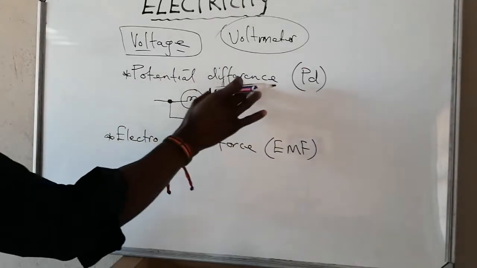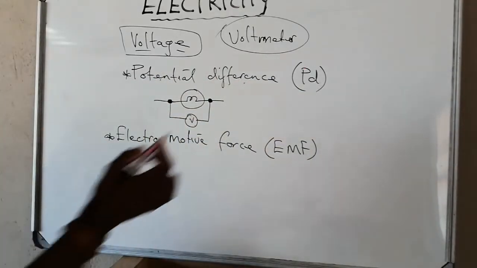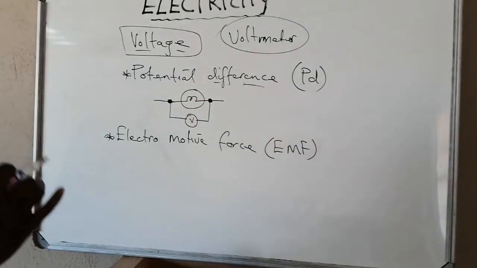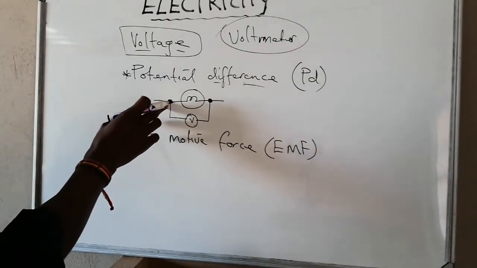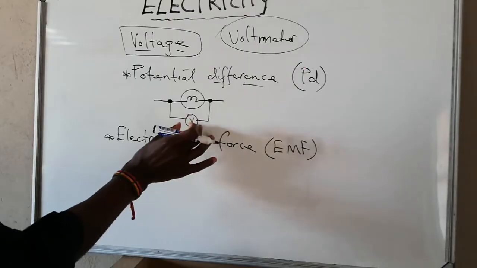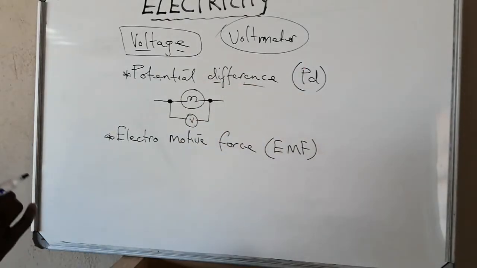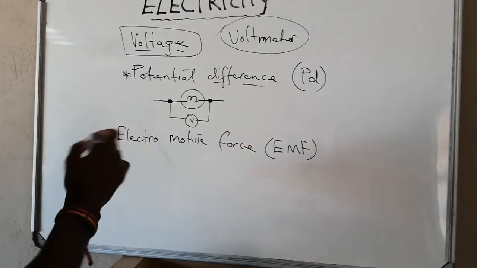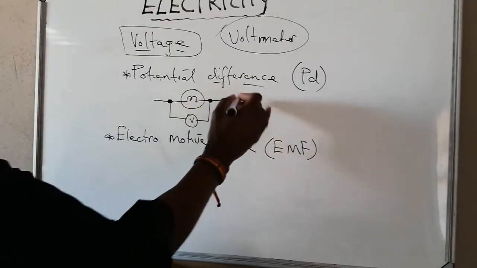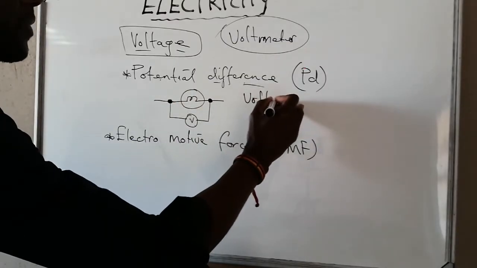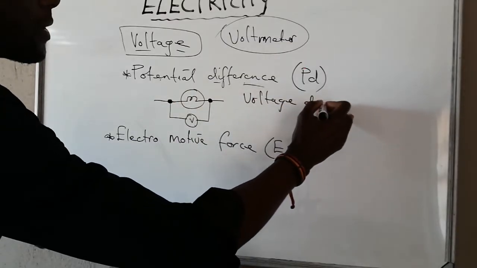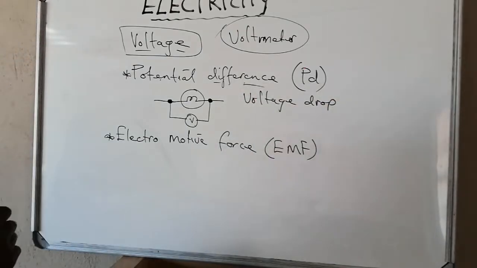So it gives you the difference between 2 points. That's why it is called a difference. It gives you the difference in the potential on this side and the potential on that side. So potential difference is basically the voltage drop across a component.